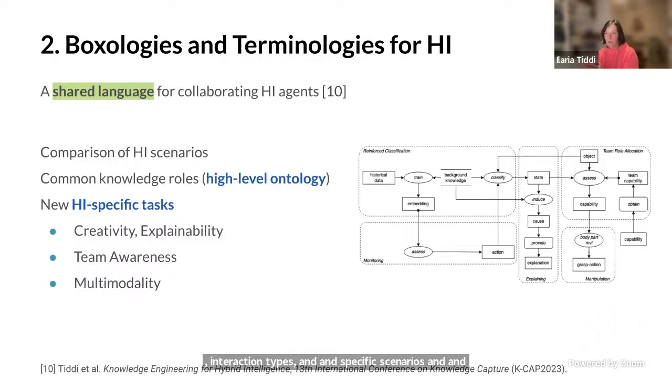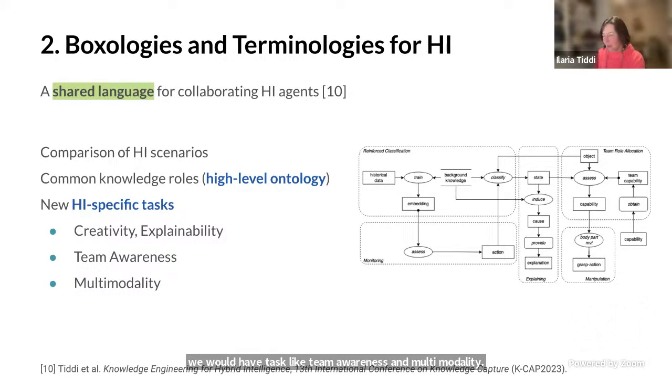And we also tried to identify, using these high-level ontologies, the most specific hybrid intelligent tasks, including ones that relate to creativity and explainability. And then on the side of it, we would have tasks like team awareness and multimodality. That's the second part of the picture.